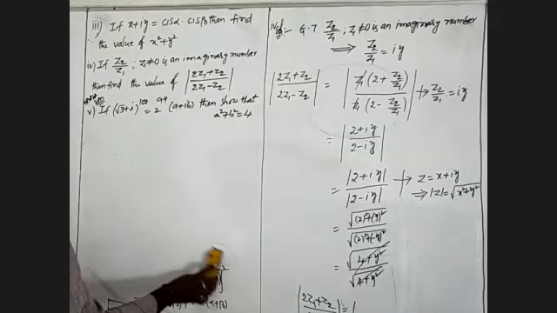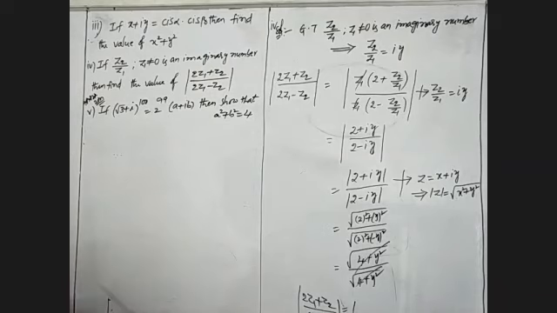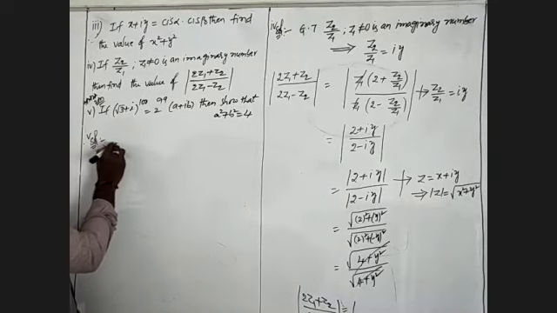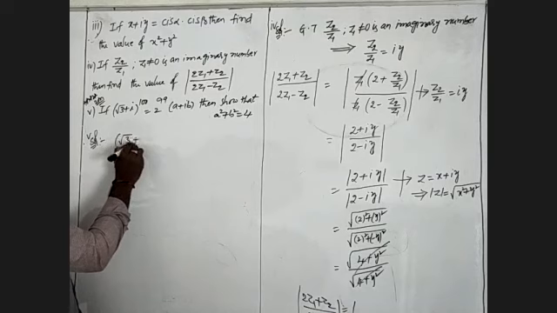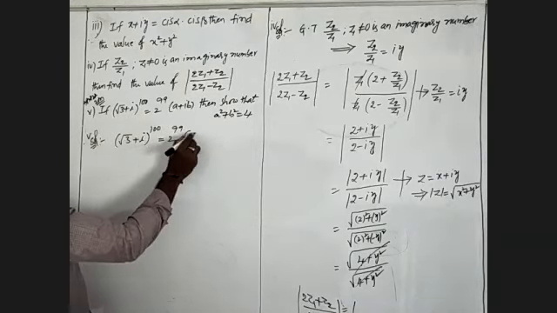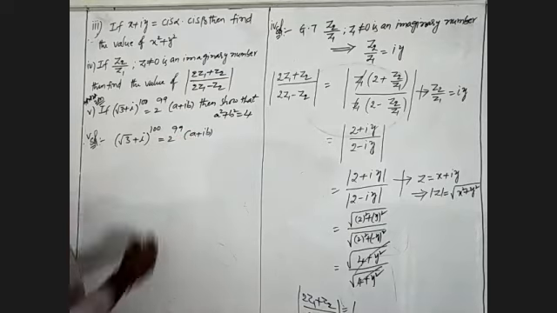Now I am going to the fifth one. This is most important for 2 marks in IP level. What is given? Root 3 plus i whole power 100 is nothing but 2 power 99 into a plus ib.